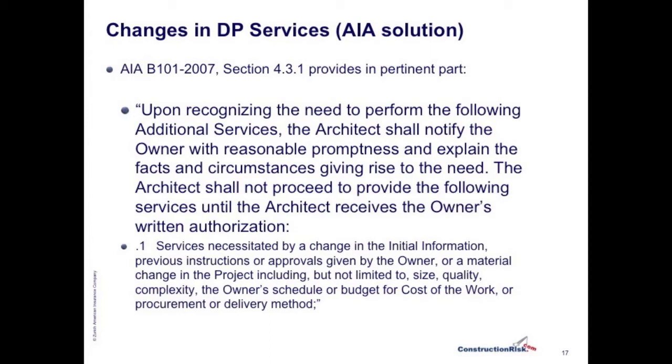The AIA solution is found in Section 4.3.1 of the B101, and it reads as follows, quote, "Upon recognizing the need to perform the following additional services, the architect shall notify the owner with reasonable promptness and explain the facts and circumstances giving rise to the need. The architect shall not proceed to provide the following services until the architect receives the owner's written authorization." Close quote.